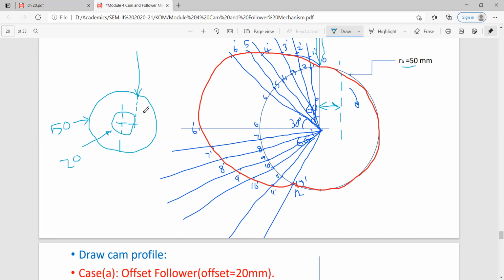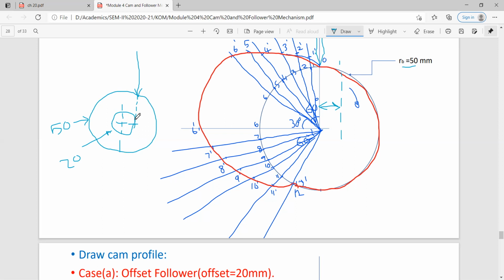And again you can see that the follower axis does not pass through the center of cam. So in each and every position, it will not pass through the center of cam. You can see here that these lines are radial lines. All the lines are passing through the center of cam.